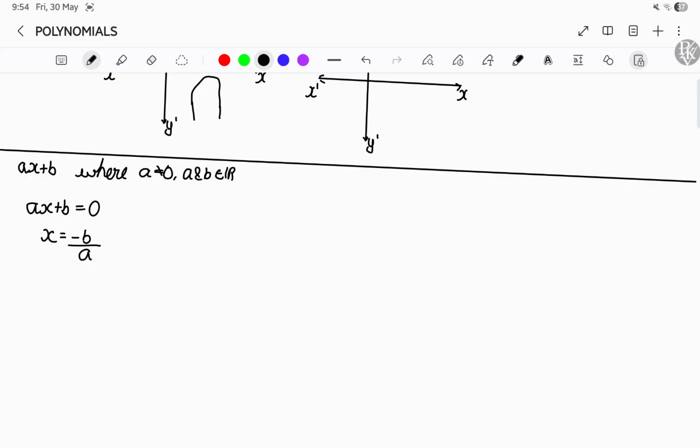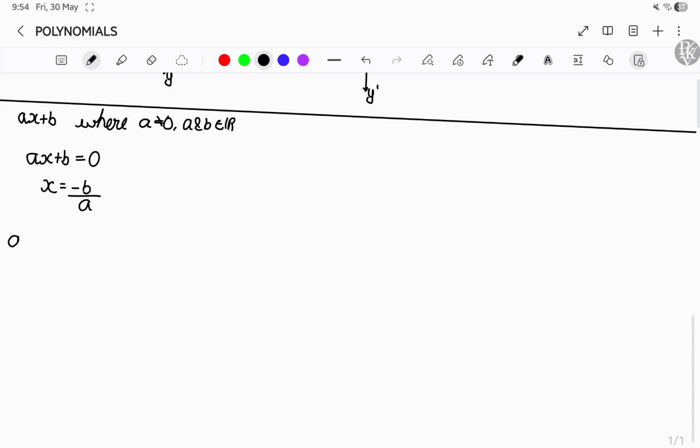Now the next thing that we are going to cover is quadratic equations. So what are quadratic equations? The degree is 2. Quadratic equations will be of the form ax square plus bx plus c. Here a, b and c are the coefficients.